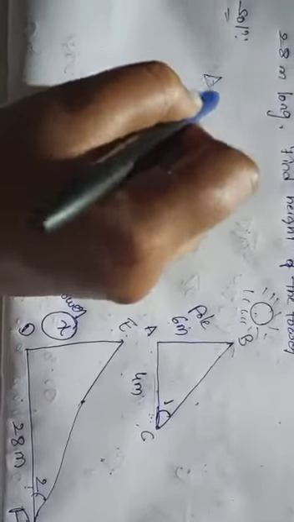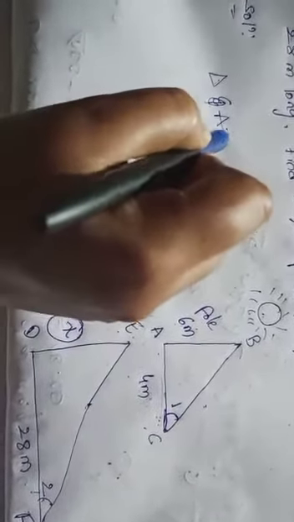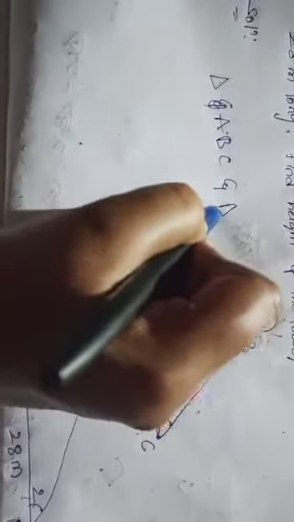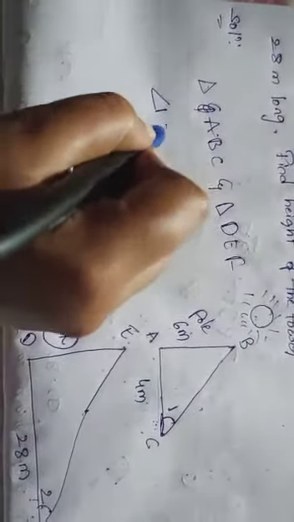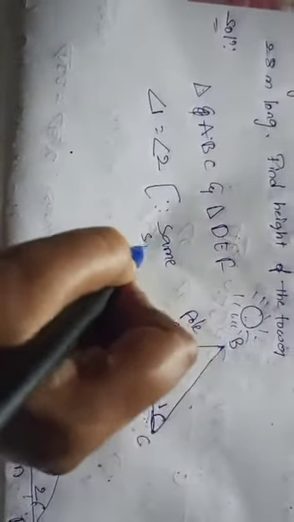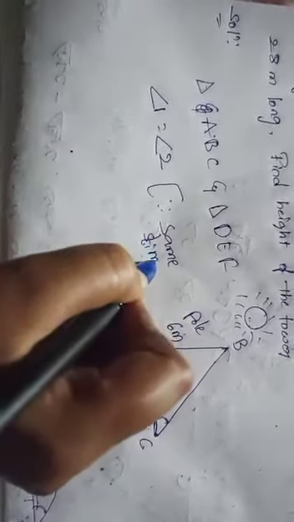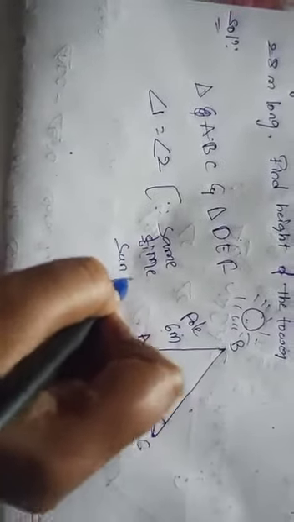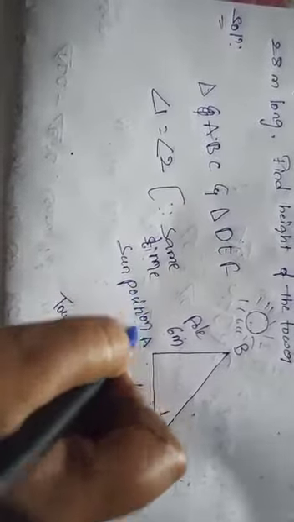Consider these two figures, triangle ABC and triangle DEF. Here sun position is same, so angles are equal. Angle of elevations are equal. Angle 1 equals angle 2. Reason is same time, sun position is same.